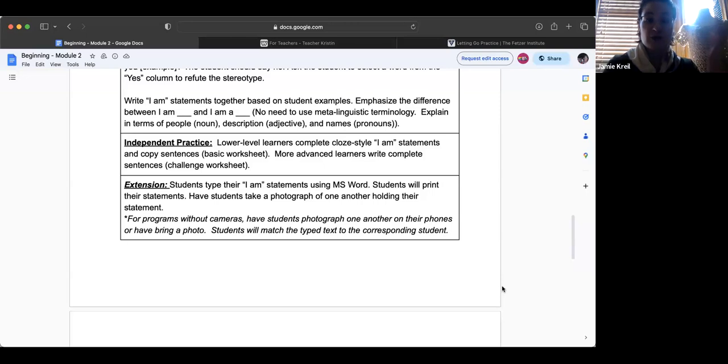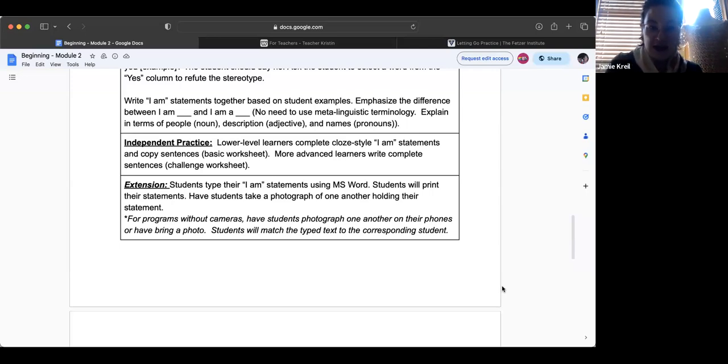And so we might have students type the statements using Word, or when we do this, there's a social media component in the larger lesson plan that we have on our website, where they can write those and share them in a way that they want to with the appropriate privacy settings. So that might also be a problem-solving component in this.